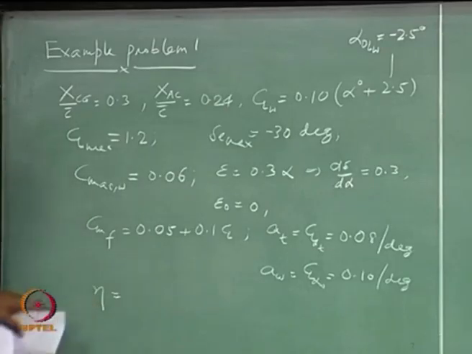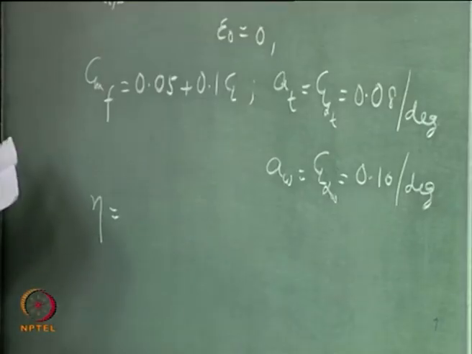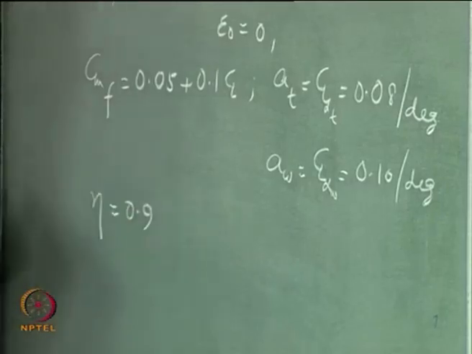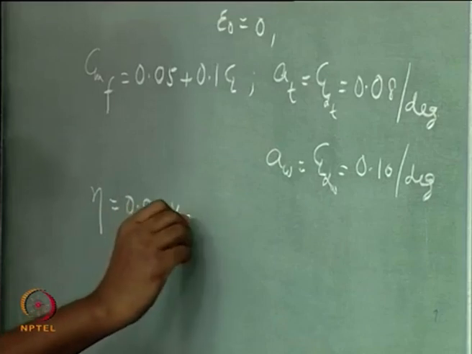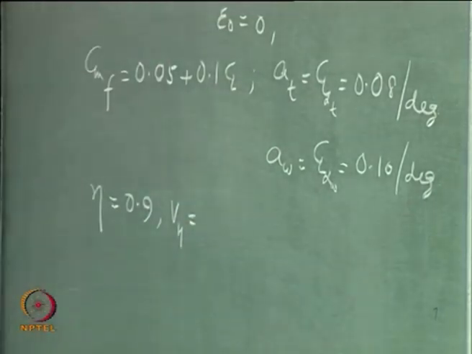And this eta, which is the ratio of the dynamic pressures, is given as 0.9. VH is the tail volume ratio.